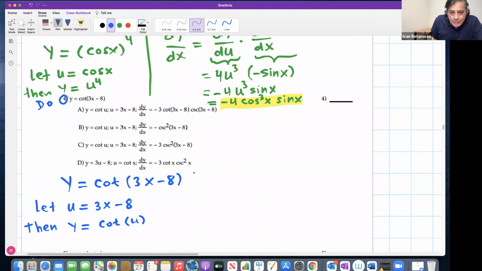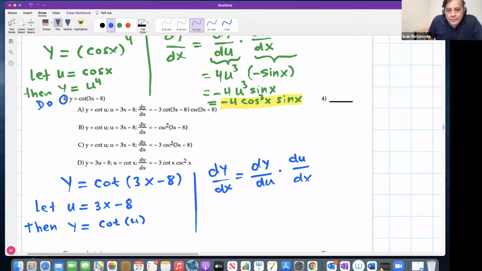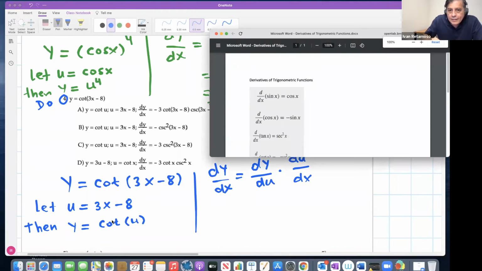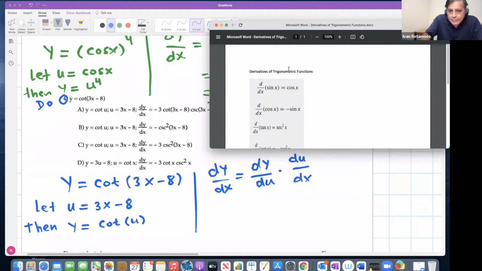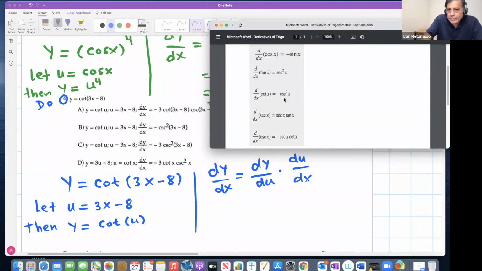And then we're going to use this, right? dy/dx equals dy/du times du/dx. And if you need to remember the derivative of cotangent, here it is. Minus cosecant squared, right? Use that.